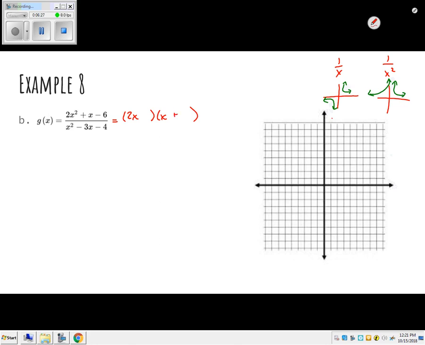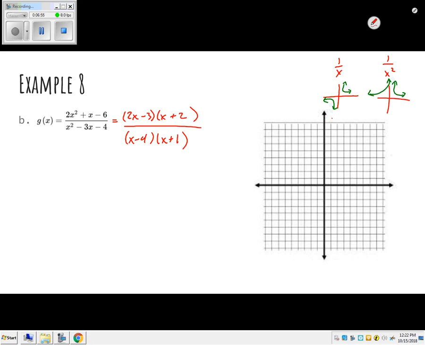Oops, I just changed this example, so I want to make sure I have the right one up there. So plus 2 right here, there we go, and minus 3. Sorry about that. And then x minus 4 and x plus 1. I've got it factored. Now I'm really hoping something cancels, because that will make my work so much lighter. Fortunately, this one does not.